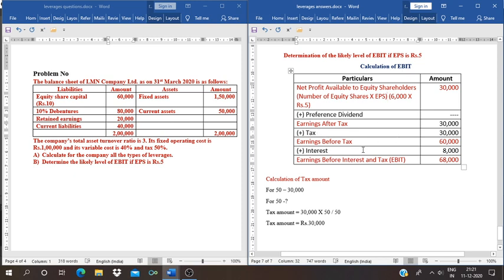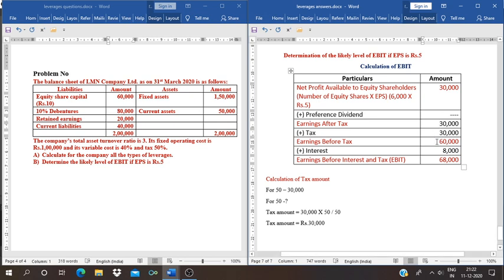How to calculate the tax? The tax rate is given as 50%. Earnings before tax will be 100%, and this tax will be 50%, and earnings after tax will be 50%.